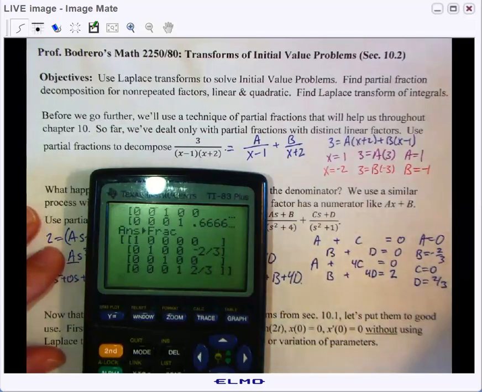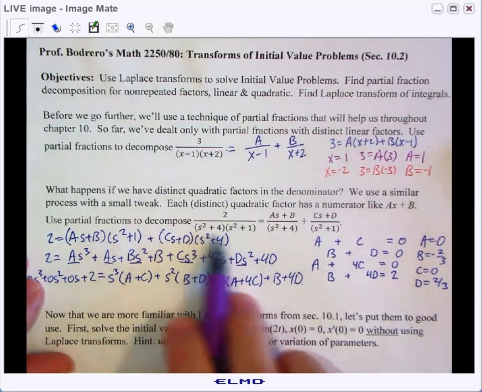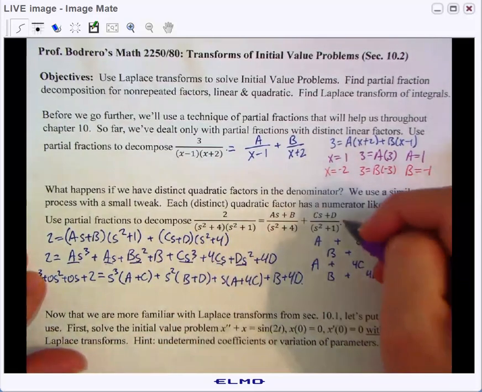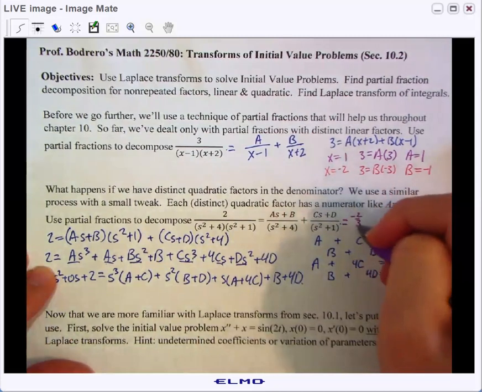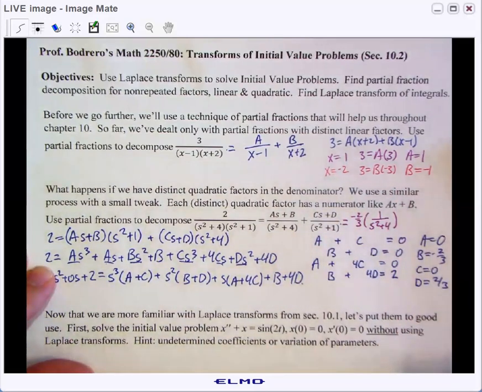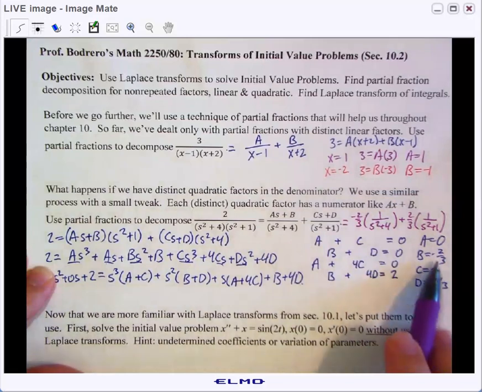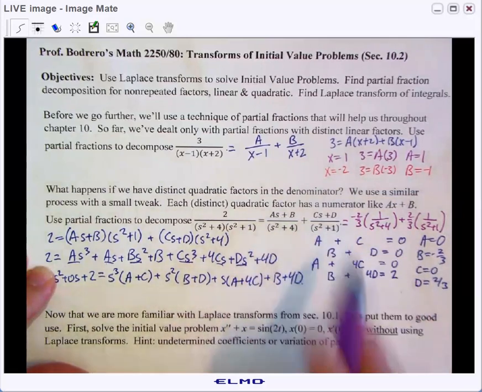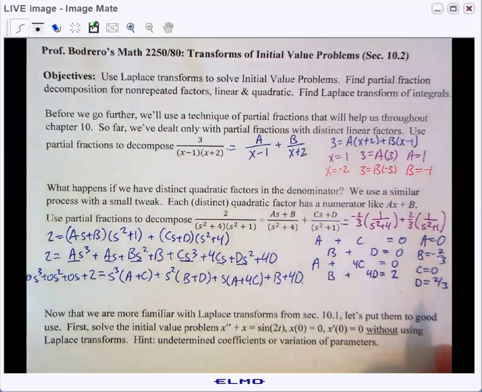So that means that 2 over the quantity s squared plus 4 times s squared plus 1 is equal to negative 2/3 times 1 over s squared plus 4 plus 2/3 times 1 over s squared plus 1. Substituting in the values for B and D and A and C, of course, but those were 0. Cool. So now let's do a quick review and then we'll tie in the Laplace transforms.